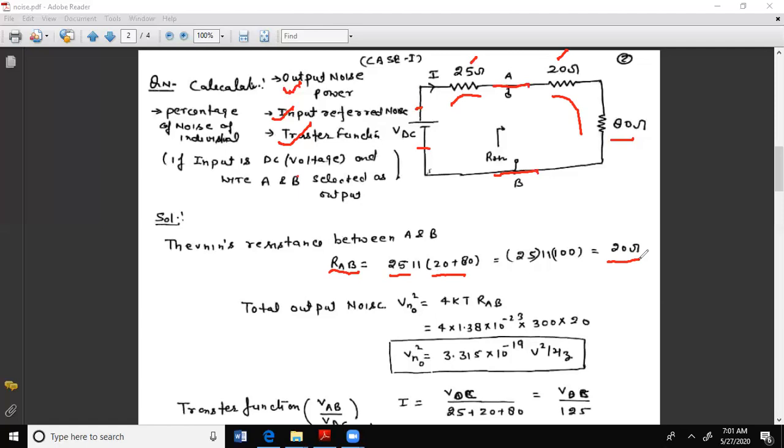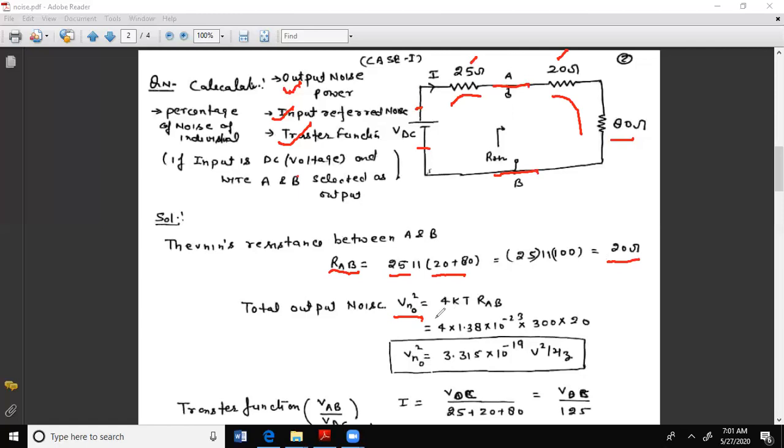Because all are resistive elements, only thermal noise is present. So the total thermal noise value Vn0 square is equal to 4kT times the equivalent resistance, times delta f, because frequency is always constant.